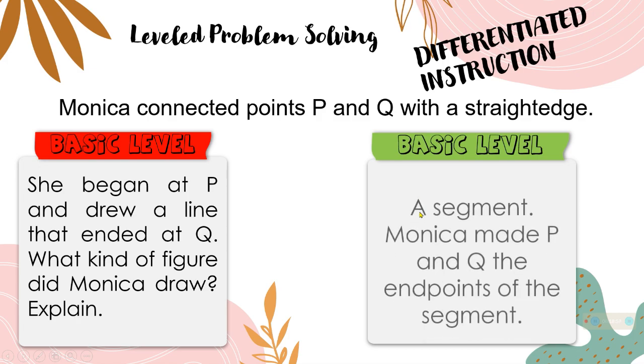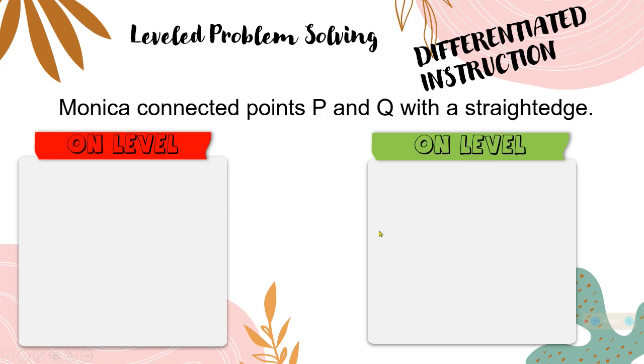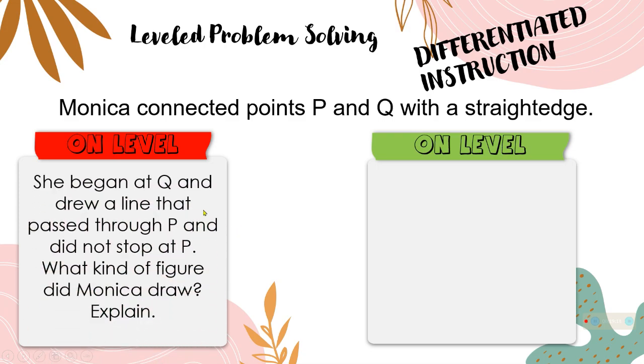Correct, it is a segment. Monica made P and Q the endpoints of the segment. Next, for the average level, the situation is still that Monica connected points P and Q with a straight edge.